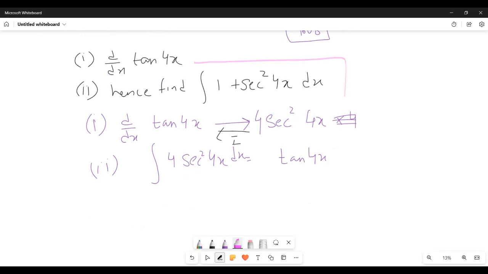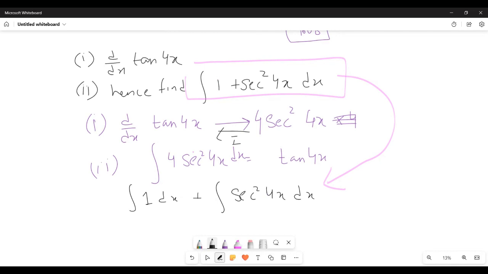Now what we have to do is find the integration of this. So let's attempt that here. I'm going to split the integral. So I get the integration of 1 dx plus the integration of sec^2 4x. Since it says hence, you must use the previous result in reverse. So the integration of 1 is just x, plus the integration of sec^2 4x would be, let's take it from here.